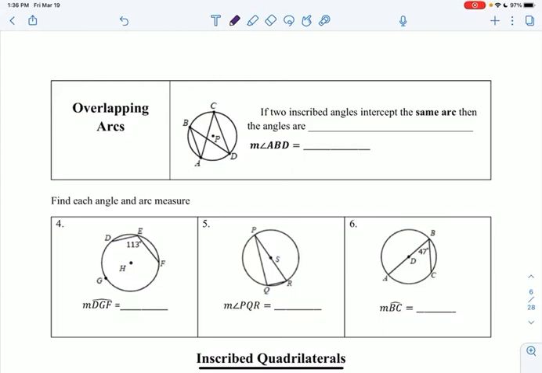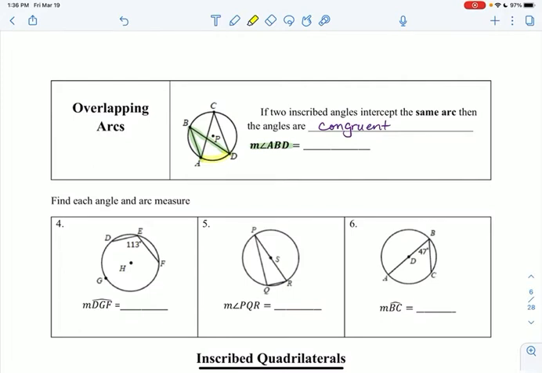If two inscribed angles intercept the same arc, then the angles are congruent to each other. So let's look at that. I'll do one in green. So angle ABD. See how the beginning and the end of arc AD match up with angle ABD.